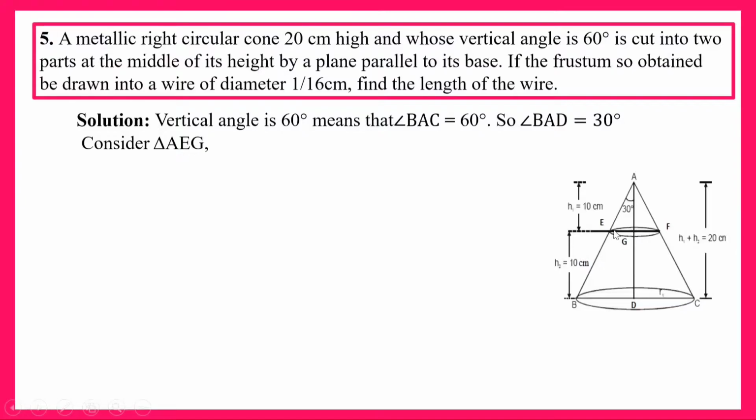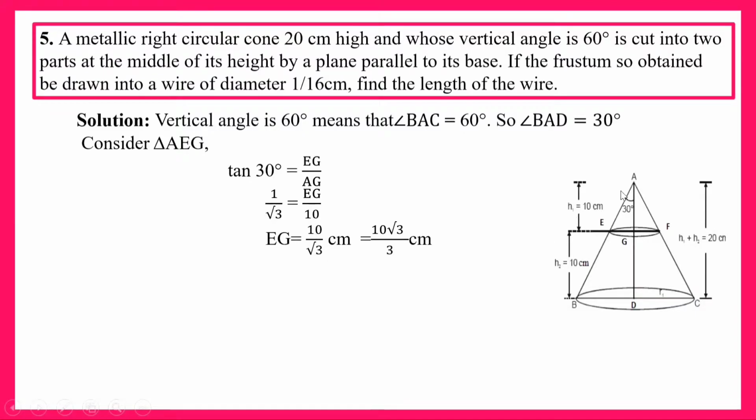That means the side opposite upon the adjacent side is the tan. So tan 30 is equal to EG upon AG. EG I need to find out, AG is 10. So 1 upon root 3 is equal to EG upon 10, which gives me EG is equal to 10 upon root 3. If I multiply and divide it by root 3, I'll be getting 10 root 3 by 3 centimeters. I've just rationalized the denominator.